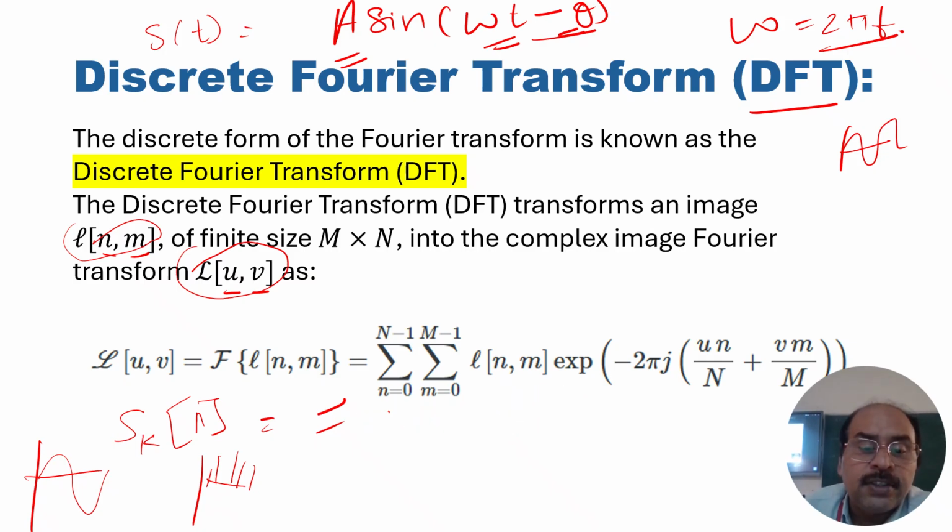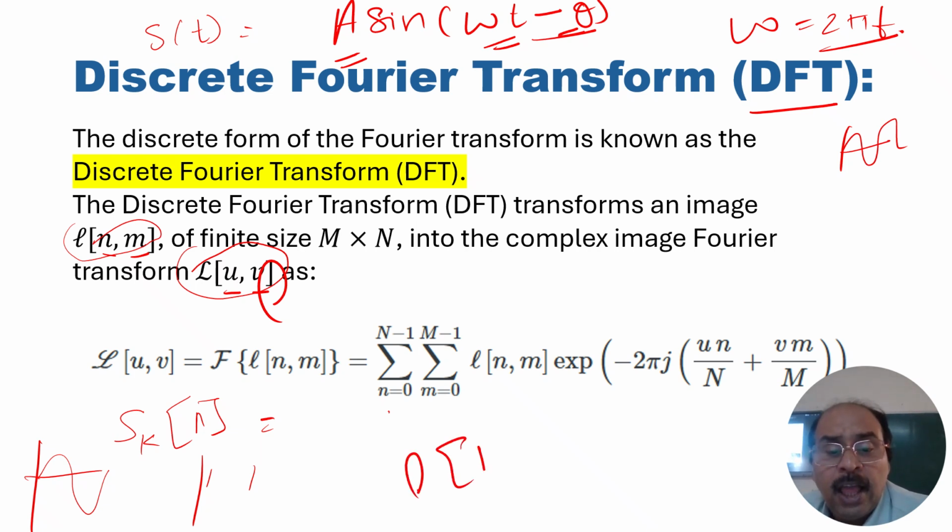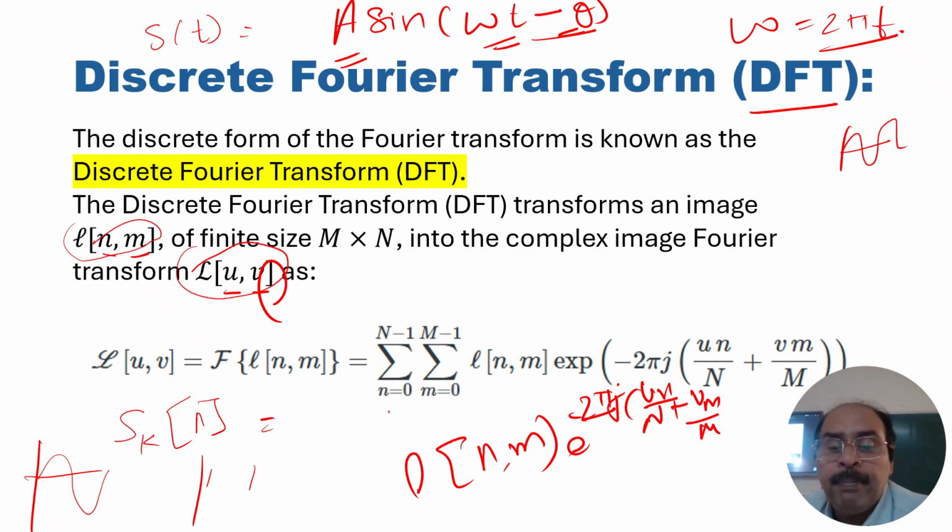We are using this general formula: L n comma m e raised to minus j 2 pi j into (un by n plus vm by m).